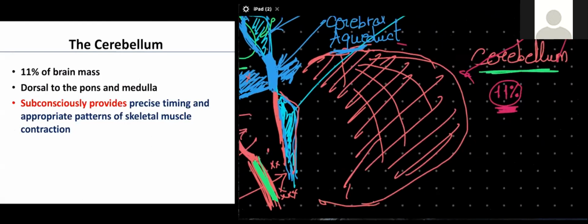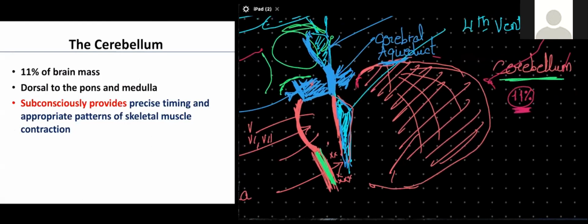It's located, as you see on here, dorsal to the pons and the medulla oblongata. The main function of the cerebellum is to subconsciously provide precise timing and appropriate patterns for the skeletal muscle contraction. This is what allows you to maintain a balanced movement.